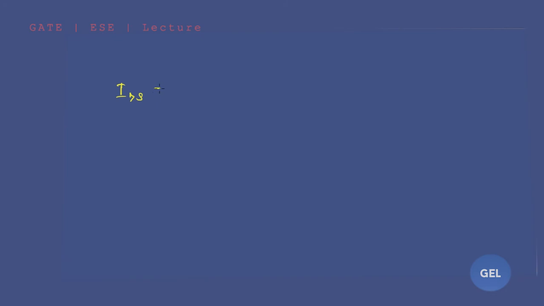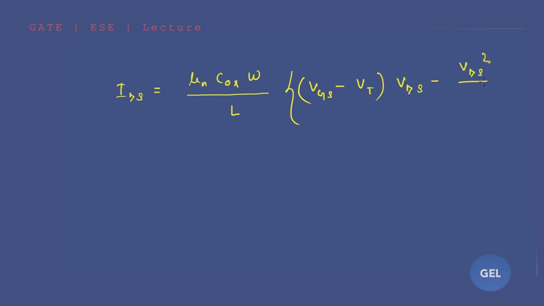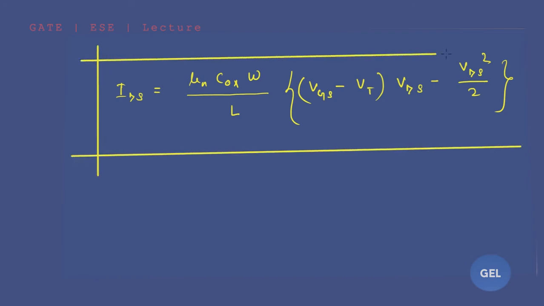You'll get IDS, which is nothing but mu n C naught x W divided by L, whole into VGS minus VT into VDS minus VDS square by 2. Got this point? You'll get this value of IDS.